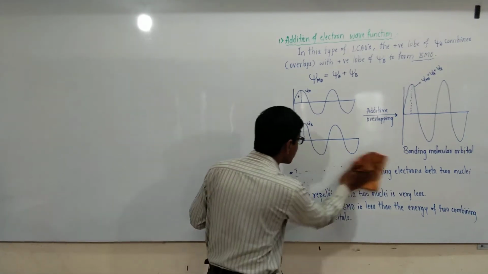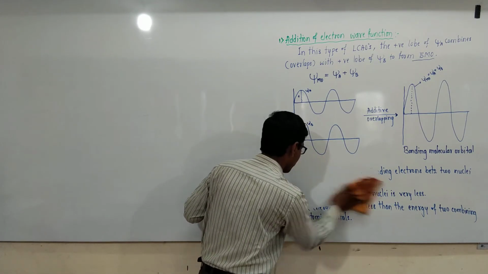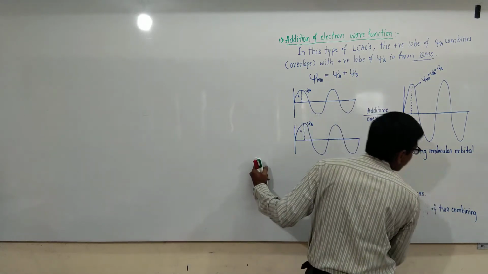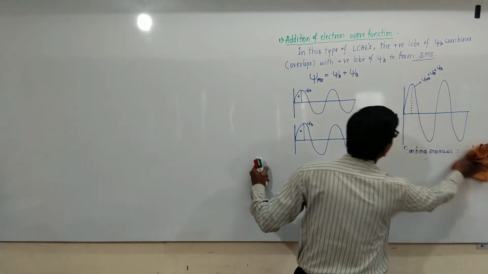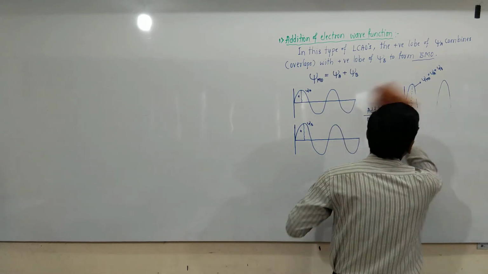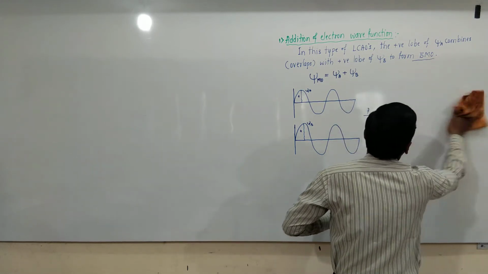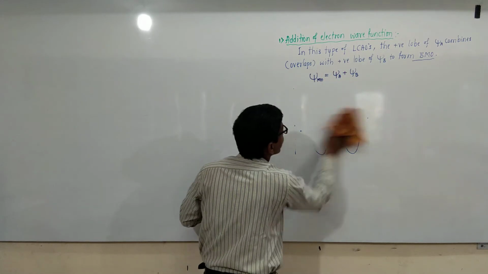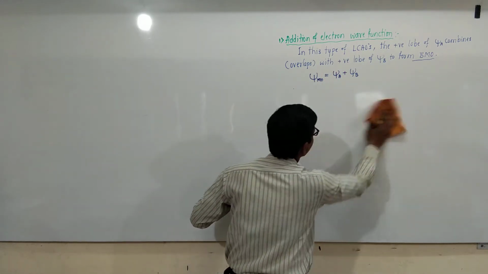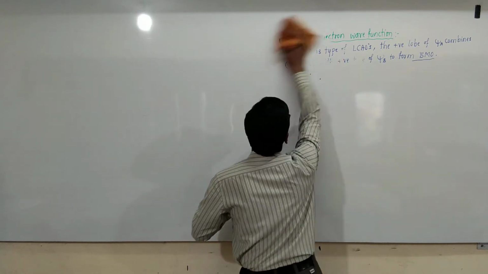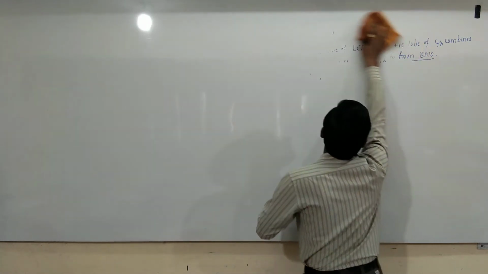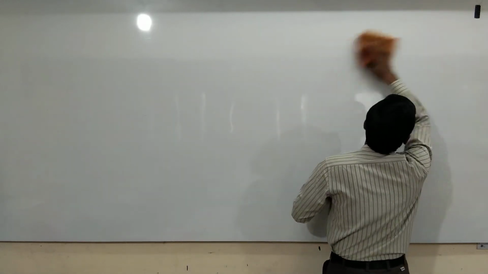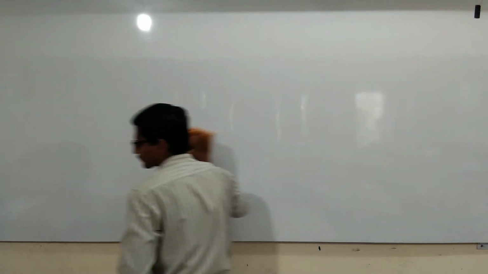What are the conditions for combining atomic orbitals? As we already discussed in the salient features of molecular orbital theory, the combining atomic orbitals must have the same or nearly the same energy. The second is that they must have symmetry about the internuclear or molecular axis.